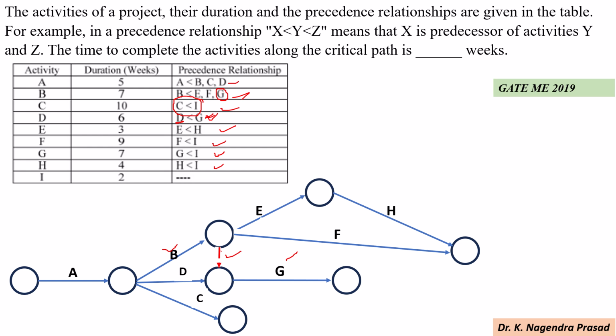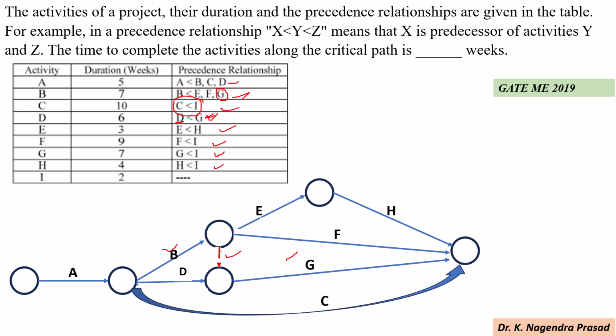Next I merge activity G like this. Next I merge activity C like this. Next I draw activity I. So this is the network diagram.